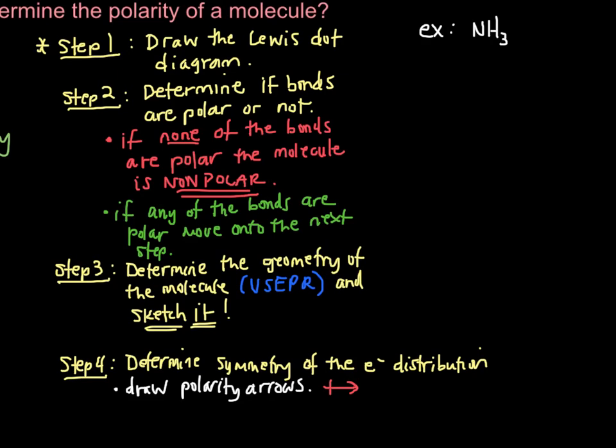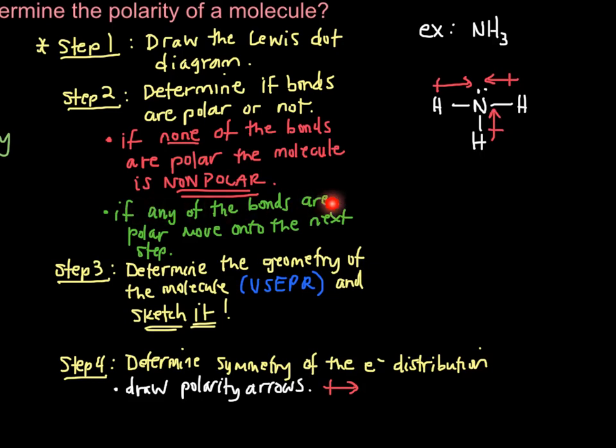Okay, let's do another example. Let's do NH3. NH3's Lewis dot diagram, step number 1, looks like this. Step number 2 is to determine the polarity of the bonds, and you will find that the molecule has polar bonds. All of these bonds are polar up towards the nitrogen, which means that we don't get to stop here.